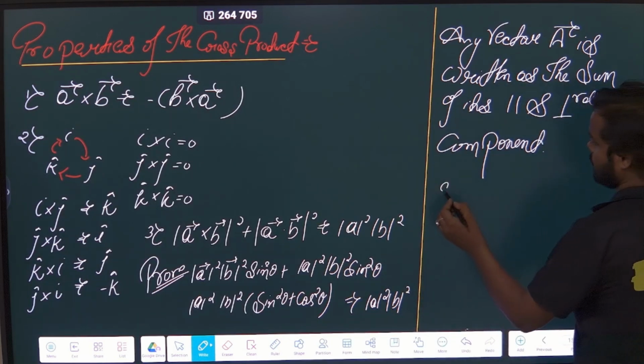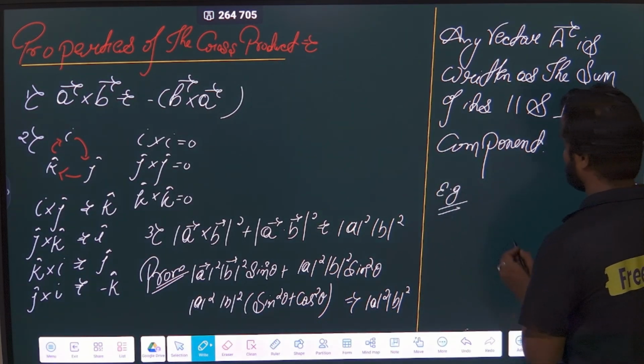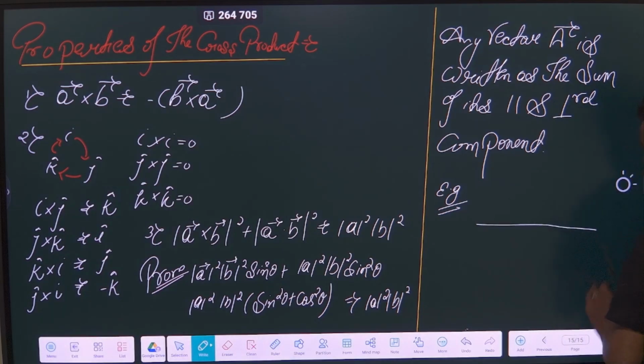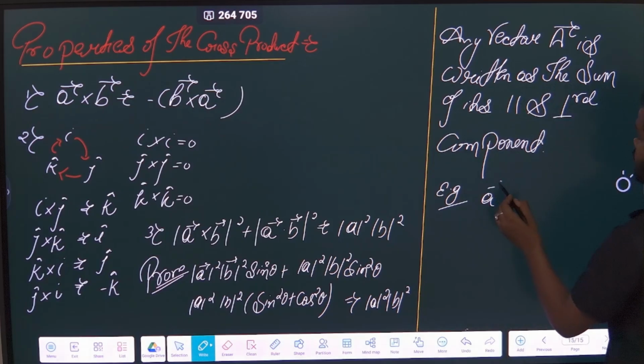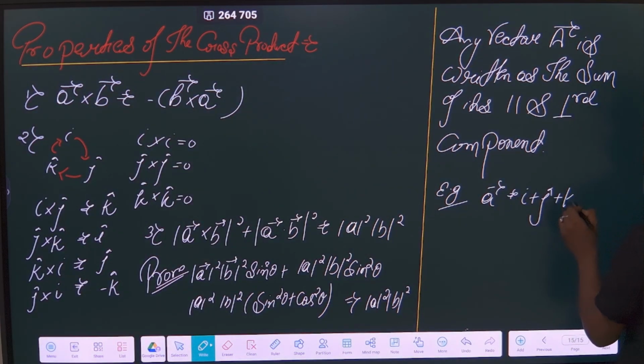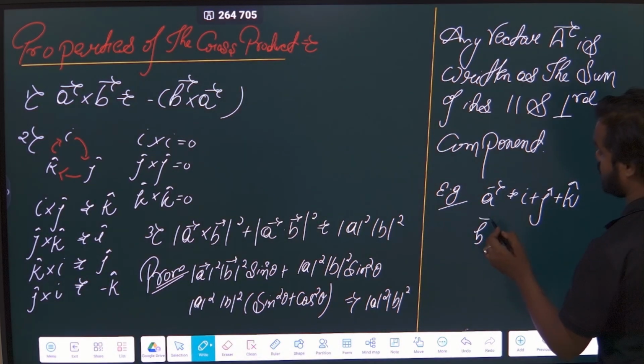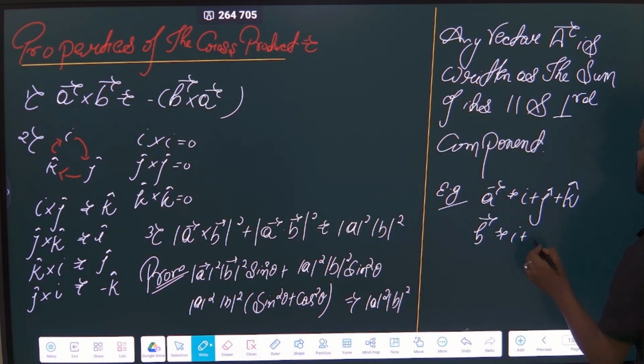For example, suppose there is one vector, which is I cap plus J cap plus K cap, and another vector that is I cap plus J cap.